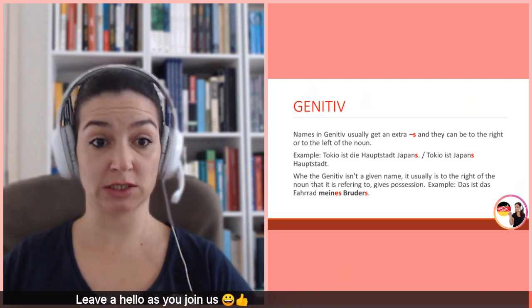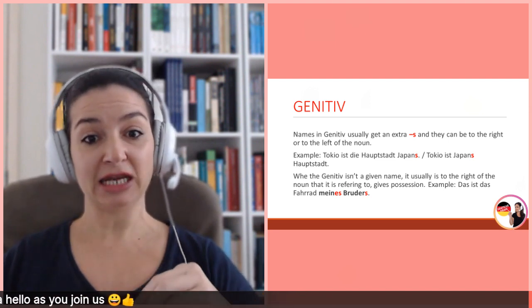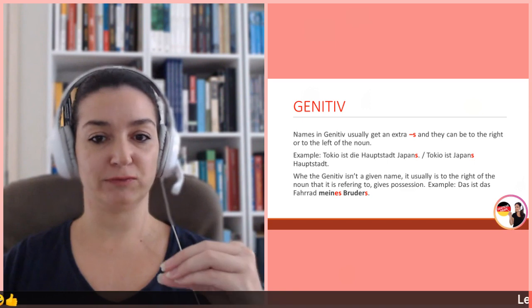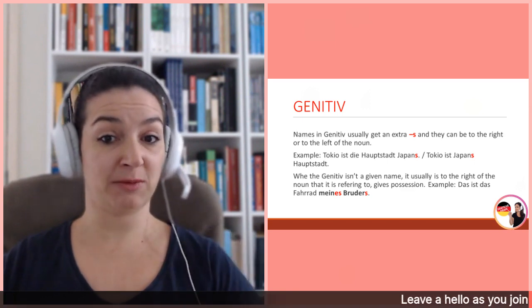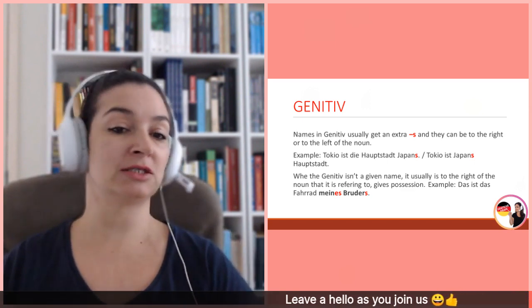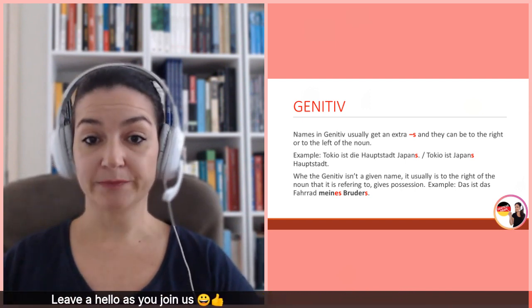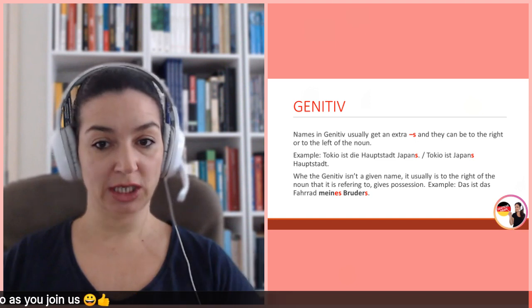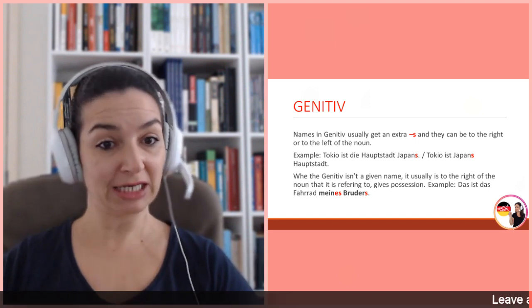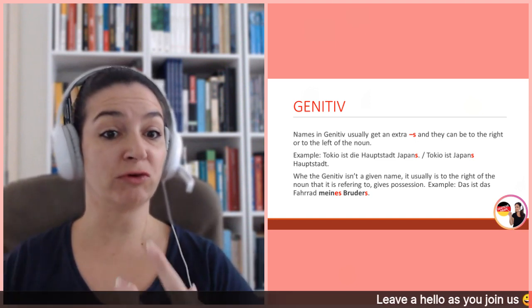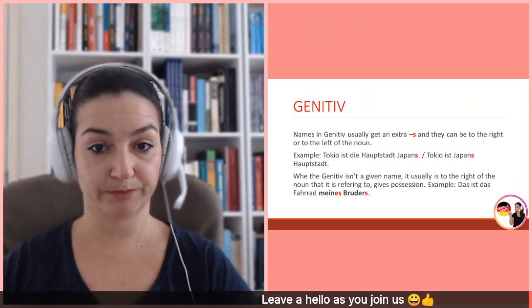And when the genitive isn't a given name, like it's not the name of a person or a place, then usually it's going to be on the right of the noun that it's referring to.